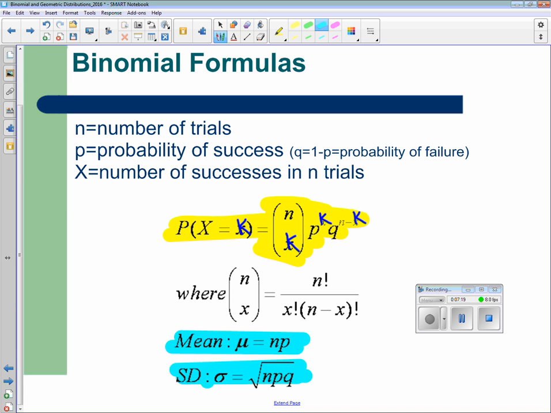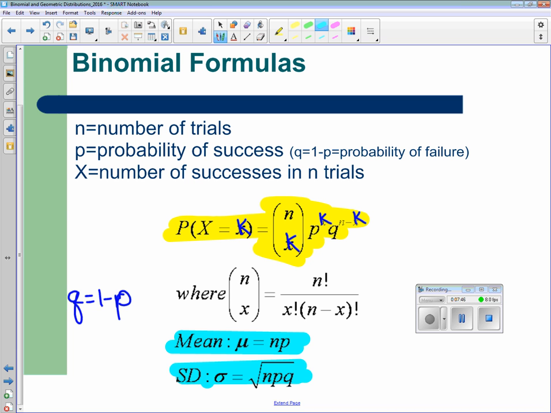Right. Q is just 1 minus P. Same thing up here in the yellow highlighted formula. Q is just the complement of P. What's nice is that your formula sheet just uses 1 minus P, so you don't even have to know that. But I believe your textbook uses Q. I tend to use Q too, but we're okay with that.